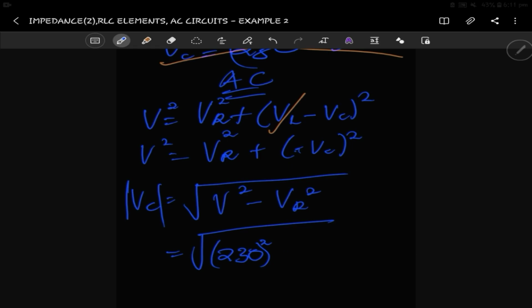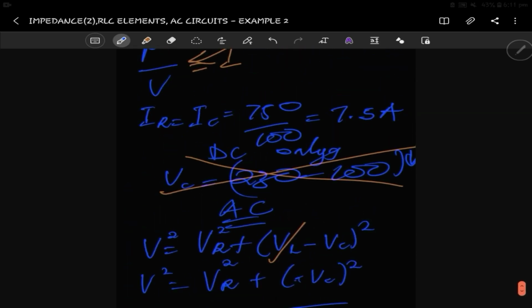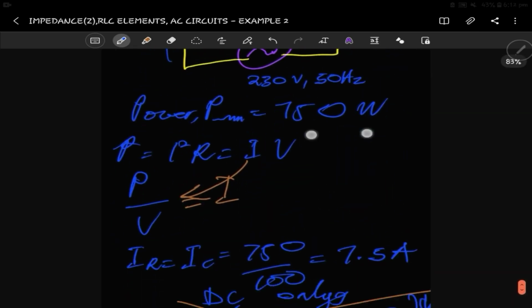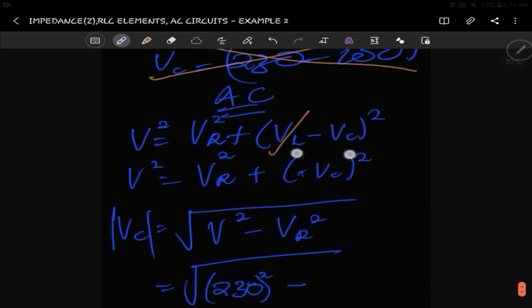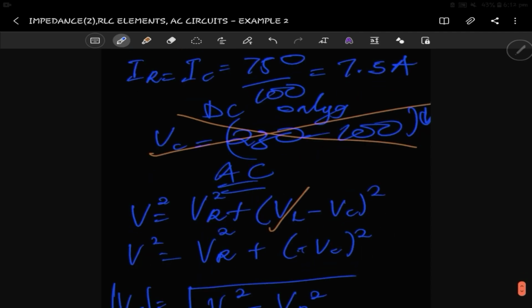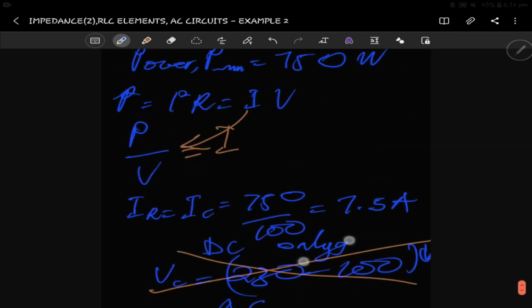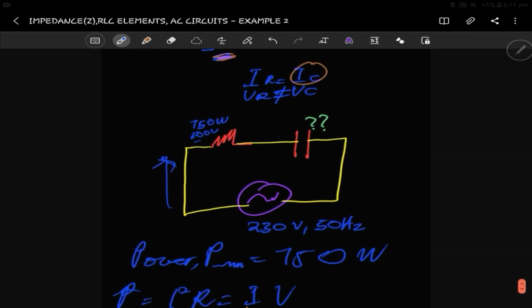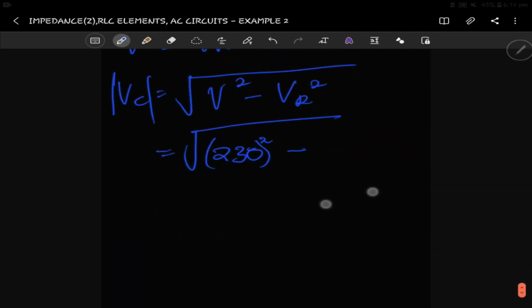Put some brackets just to be safe. We have the voltage across the VR. Do we have that? Yeah, it was given. So that's 100 volts, 100 squared. Let's see what we get for this.